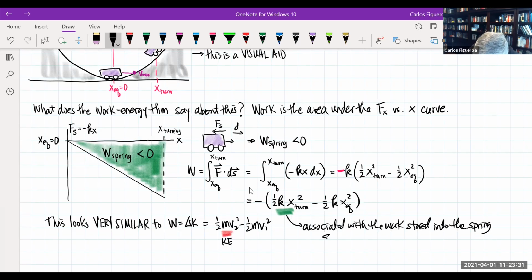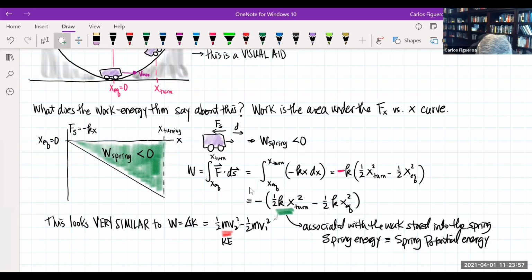And we call this, of course, spring energy. And in the next chapter, we're going to define this as spring potential energy. But in this chapter, we're not supposed to do that because we haven't talked about the difference between these two.